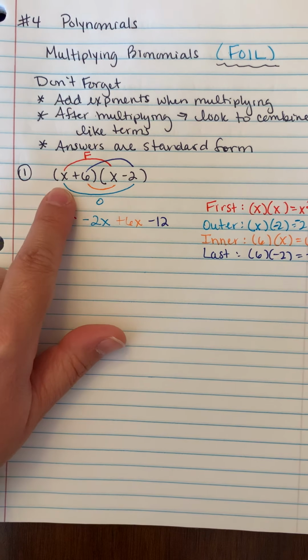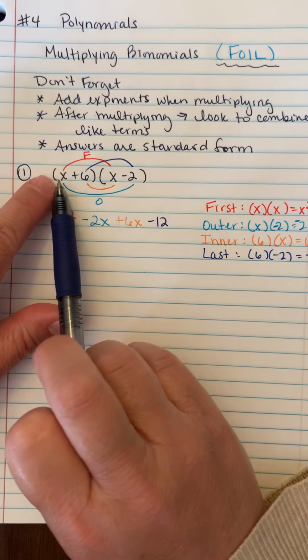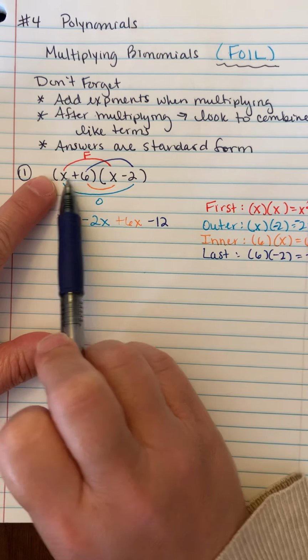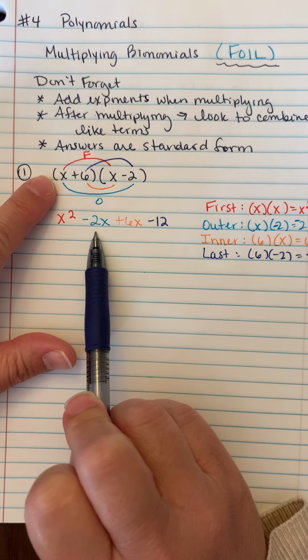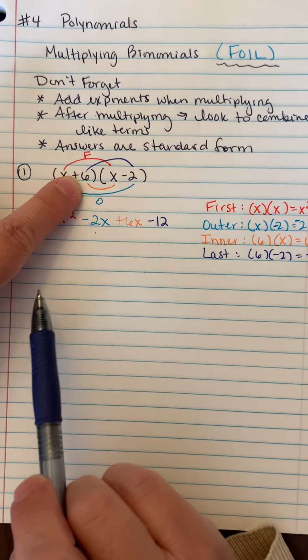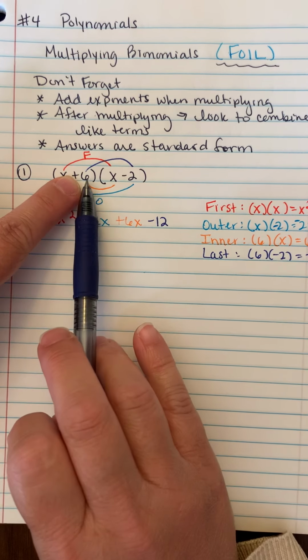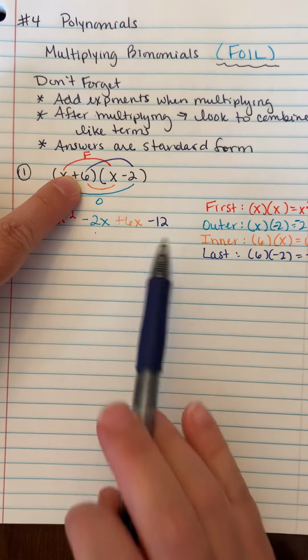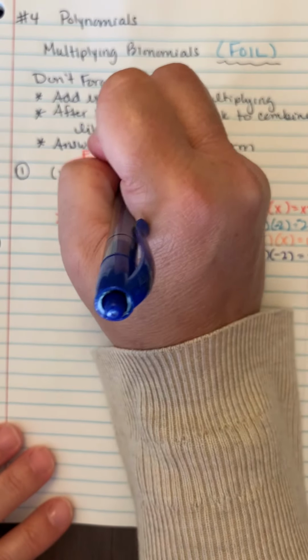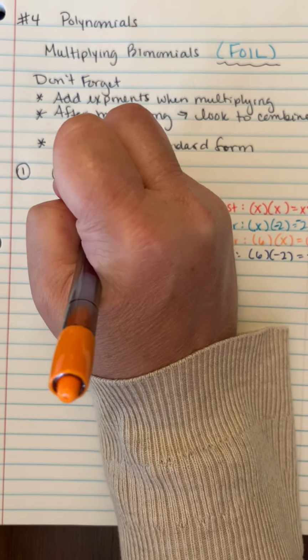So essentially, you're taking the x times both things in the second parentheses here. So x times x is x squared. X times negative 2 is negative 2x. Then you're taking the 6 and multiplying with both of those as well. So 6 times x is 6x. And then 6 times negative 2 is negative 12. And I need to put an L on that one and an I on that one for you.